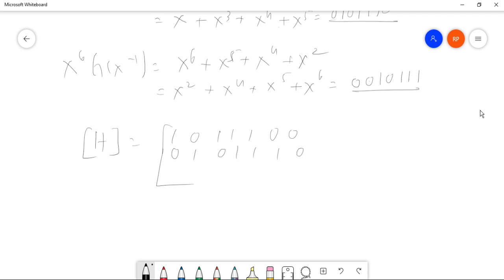The third row is 0 0 1 0 1 1 1. Third row.